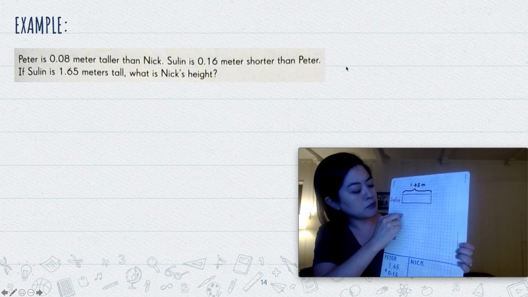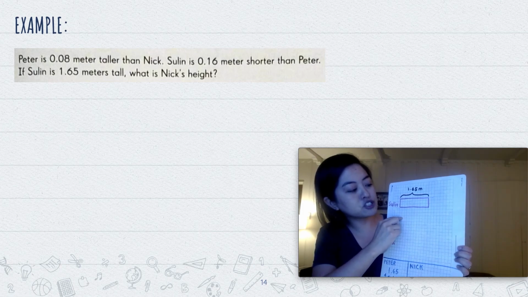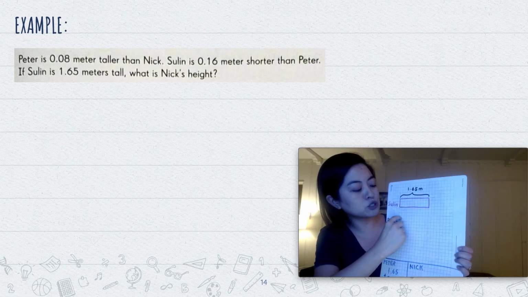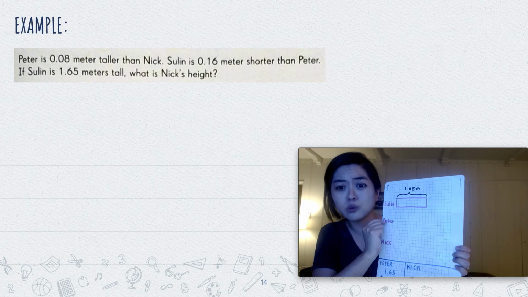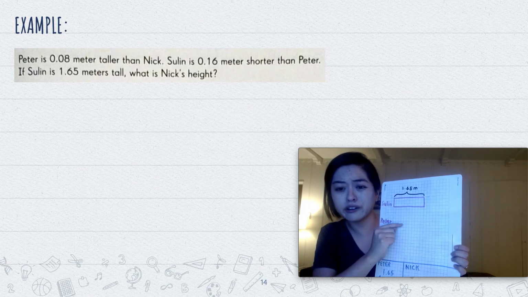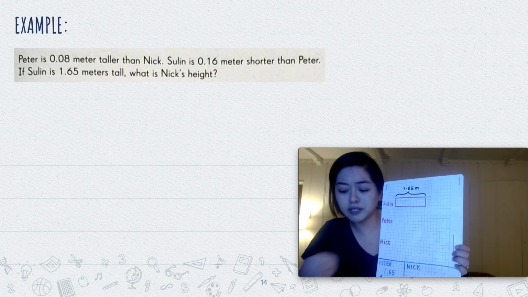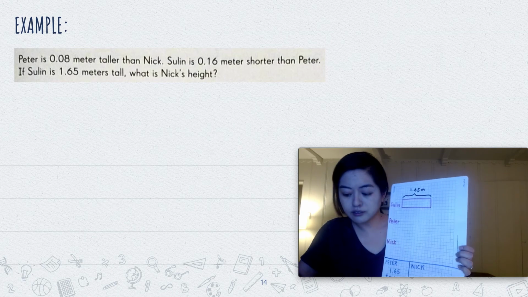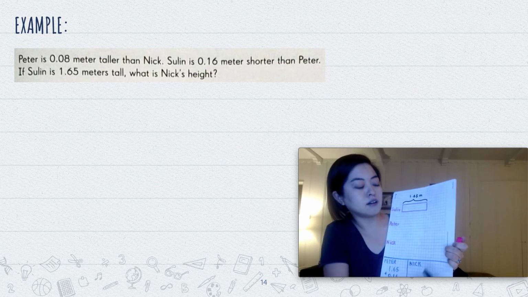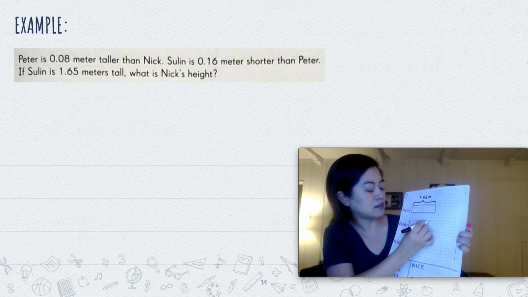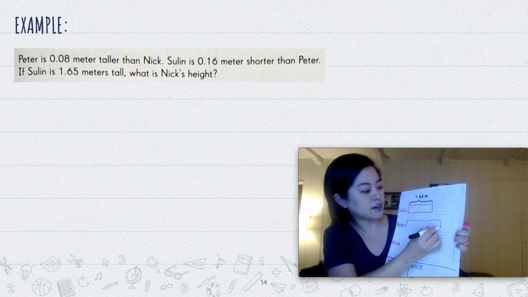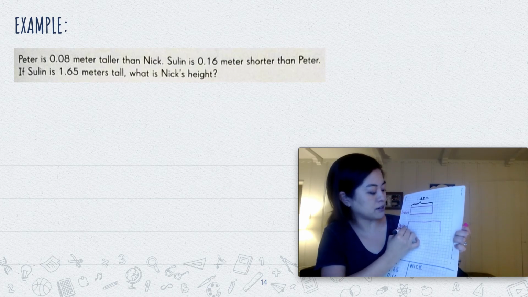Okay, so for Peter's bar model, should it be bigger than Sulin's or shorter than Sulin's? It says Sulin is 0.16 meters shorter than Peter. Then who's taller? Sulin or Peter? Peter's taller. So I'm going to draw his bigger than Sulin's, okay? And again, it doesn't have to be exact, but I know it should definitely be bigger at least.